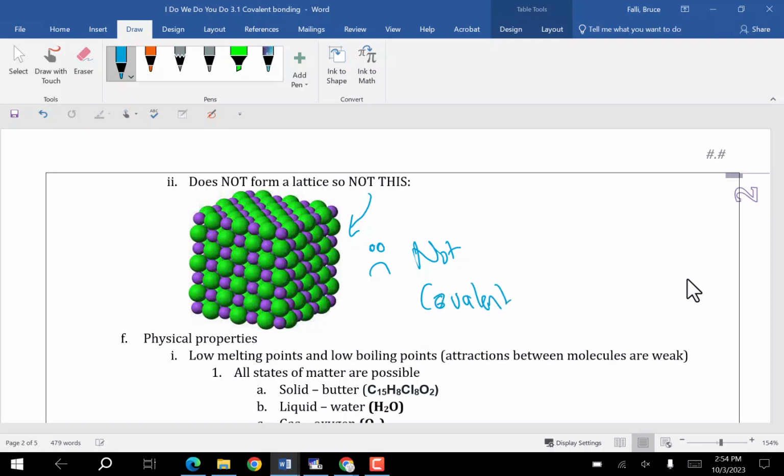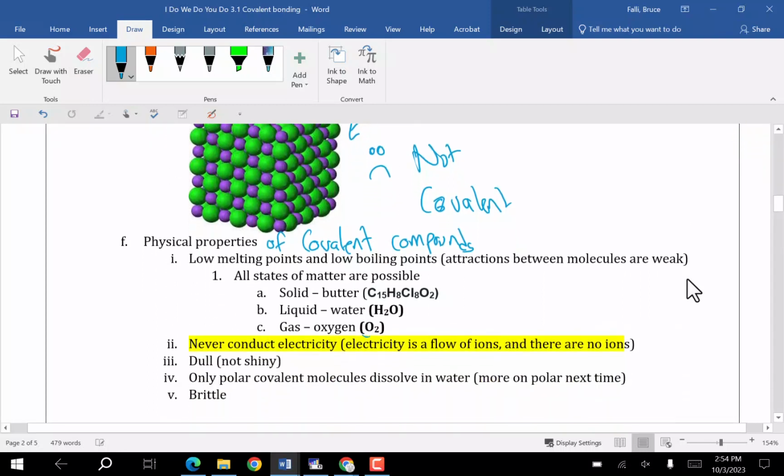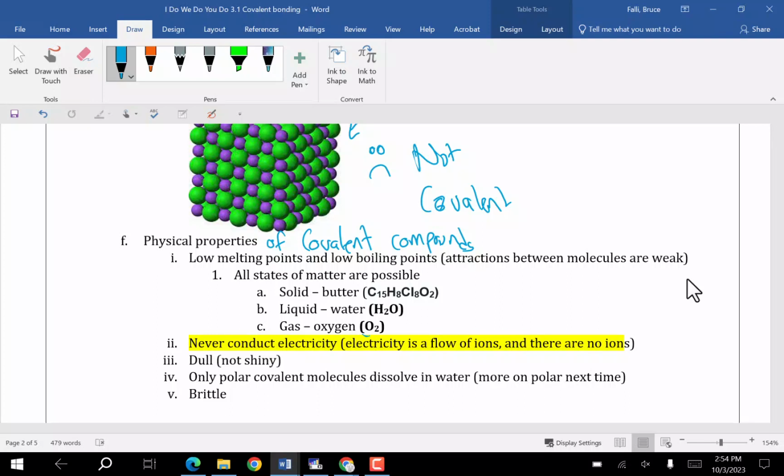Physical properties of covalent compounds. Covalent compounds have low melting points and low boiling points, so the attractions between those molecules are weak. I said they're low, but it's worth noting that all states of matter are possible.